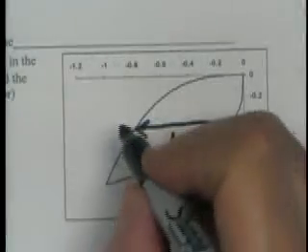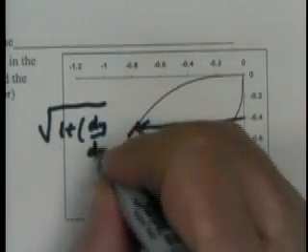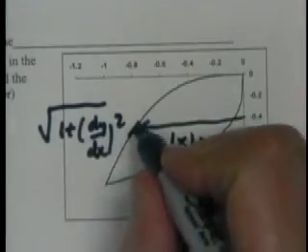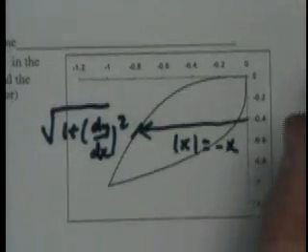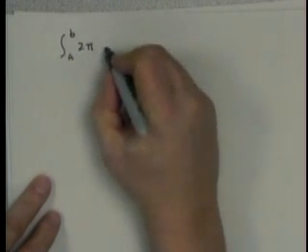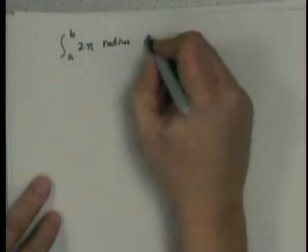And then we have our standard ds over here, which is going to be the square root of 1 plus dy dx squared. It's the differential arc length. So generally the surface area is given by the integral from a to b of 2 pi times that distance, the radius, times my ds.